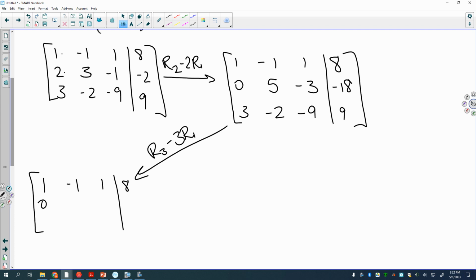Rows 1 and 2 stay the same. Row 3, that's a 0. And then negative 2 ends up being plus 3, so that's a 1. And negative 9 minus 3 is negative 12. 9 minus 24 is negative 15.